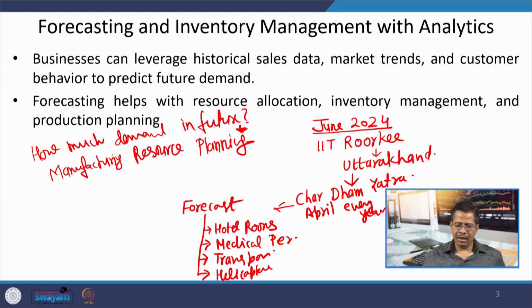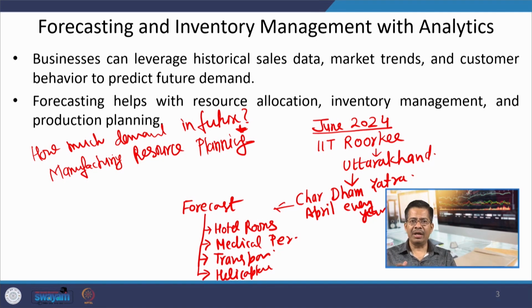this forecast. Now, what is happening is that in the beginning of the period, the government did some kind of a forecast, but then they realized that within the first 15 days the forecast had overshot like anything. So they have to continuously update their forecast.